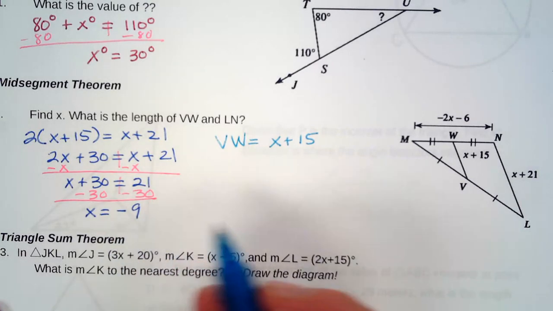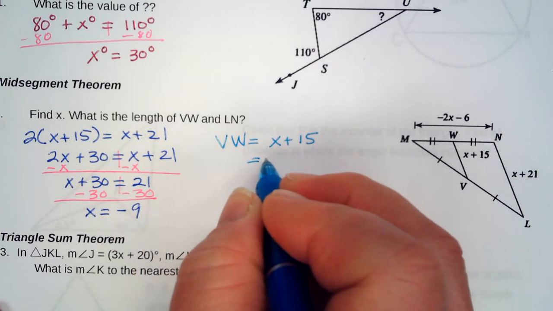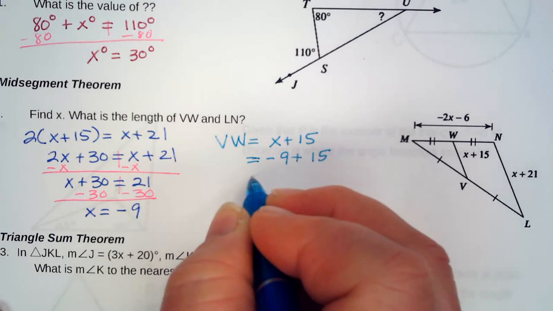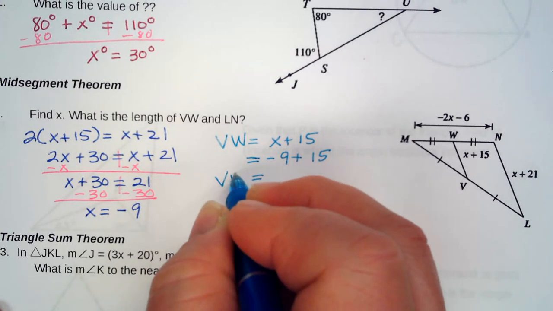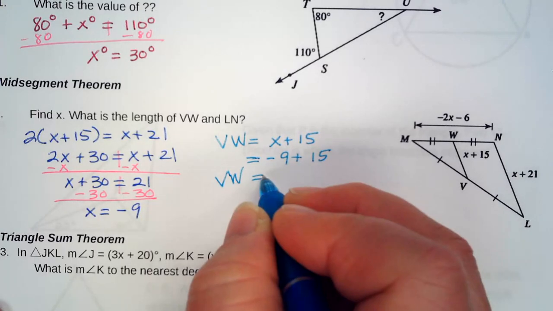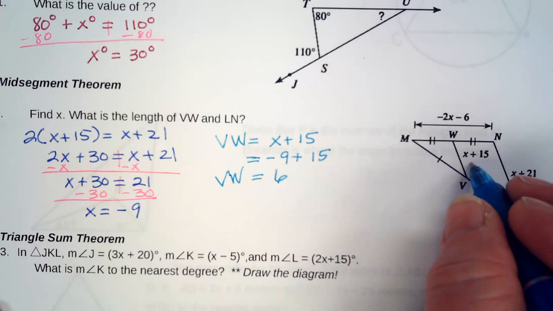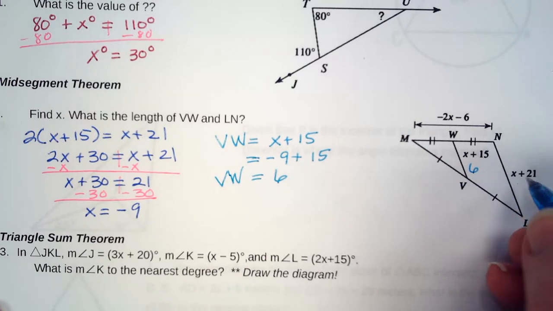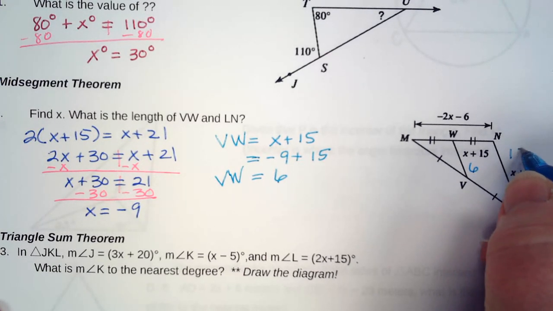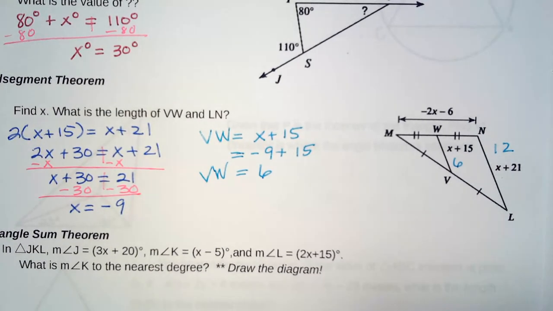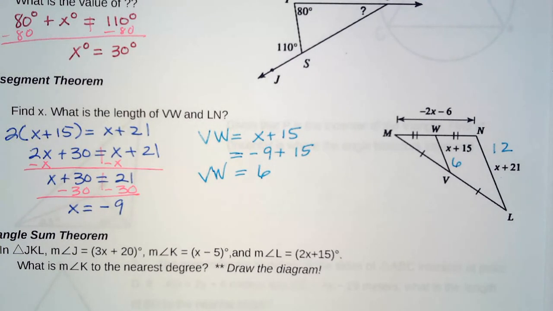But I know that x is -9. -9 plus 15 is 6. At this point, I know this length here because all I have to do is multiply 6 by 2 and I get 12.